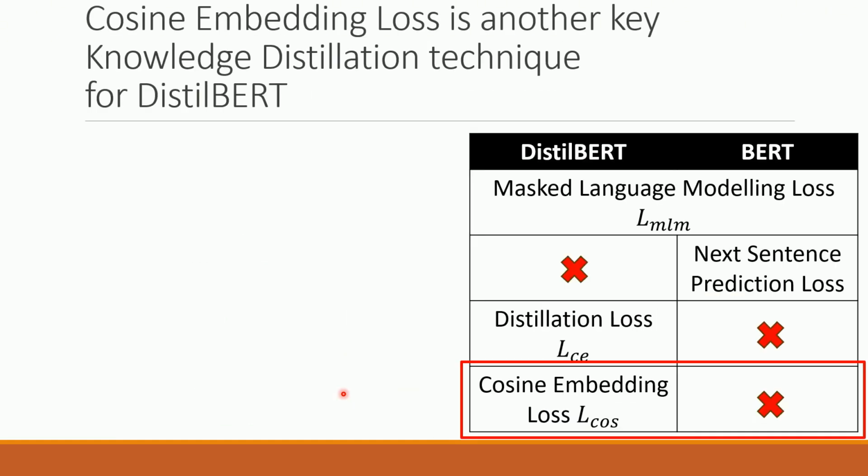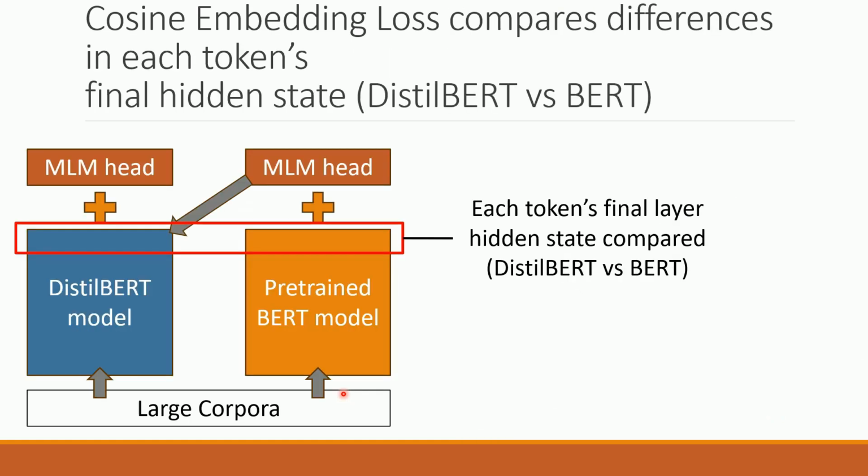So the last component is cosine embedding loss, which is another key knowledge distillation technique used by DistilBERT. So cosine embedding loss compares the difference in each token's final hidden state for DistilBERT versus BERT.